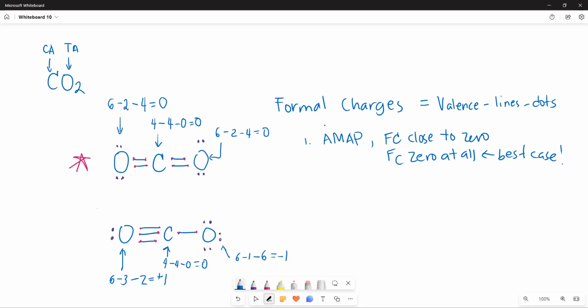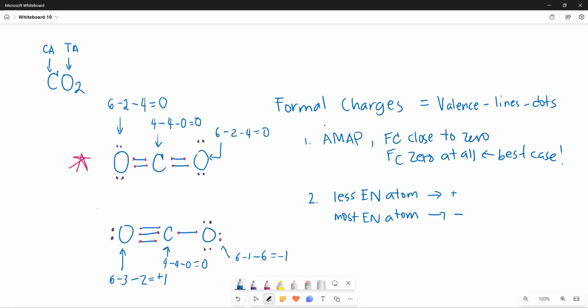But what if we cannot really get a 0 formal charge for all atoms in the molecule? So here's the second criteria. If this is not possible, if it's just close to 0, then here's the idea. We want the less electronegative atom to be positive and the most electronegative atom to be negative.